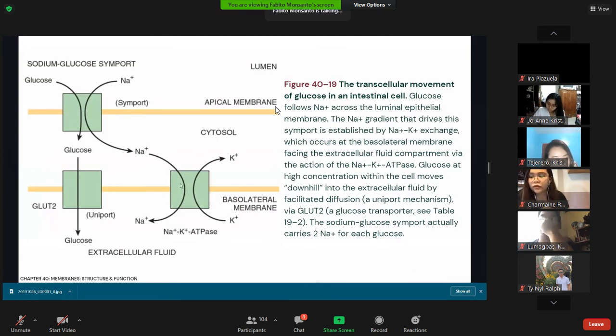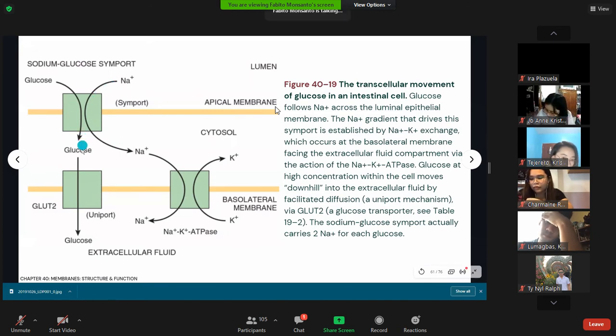All right, so we have here types of transporters, no? This one, you are of course familiar already with this term, symport. Glucose comes in together with sodium. Okay, that is its import.